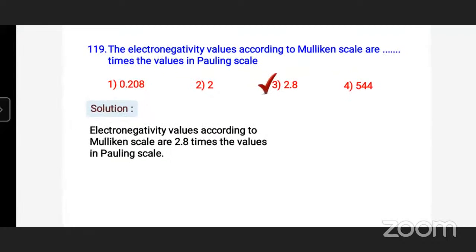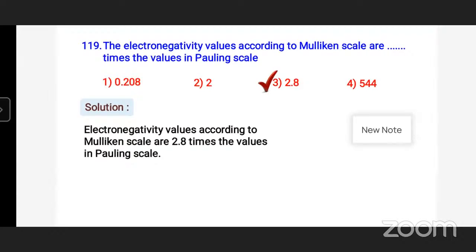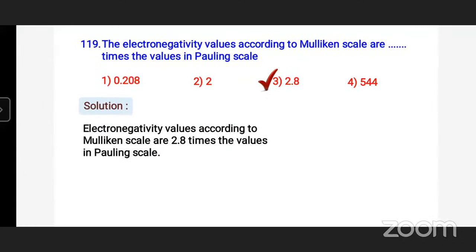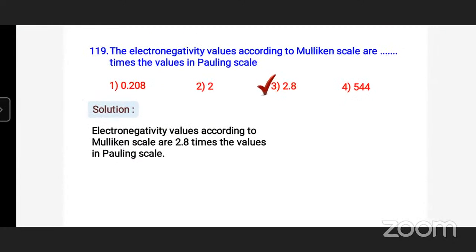Next, the electronegativity values according to the Mulliken scale are blank times the values in the Pauling scale. The options are 0.208, 2, 2.8, and 544. The Mulliken scale is applied to monovalent atoms, does not apply to multivalent atoms.